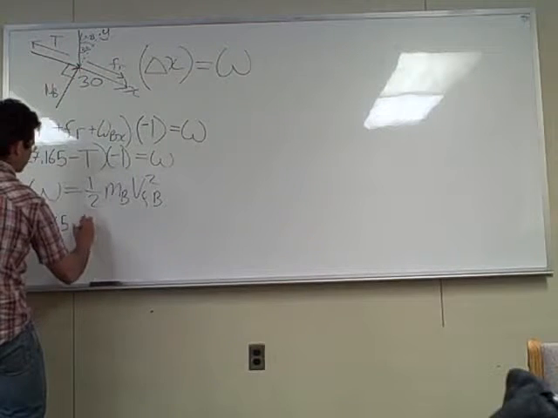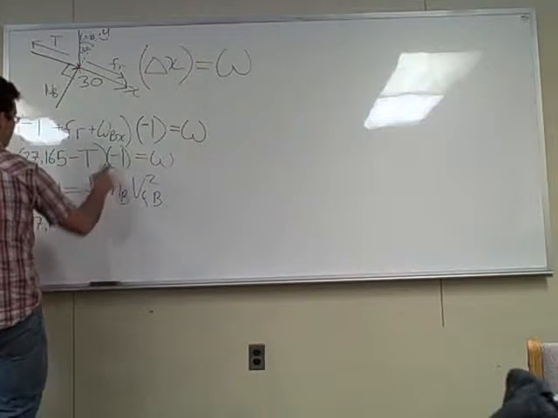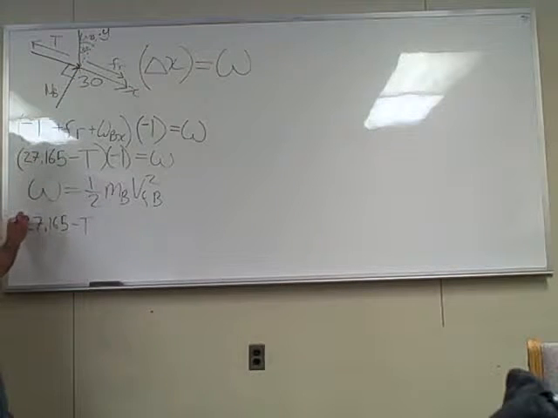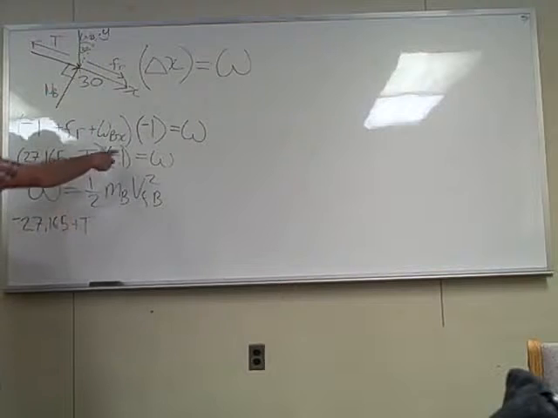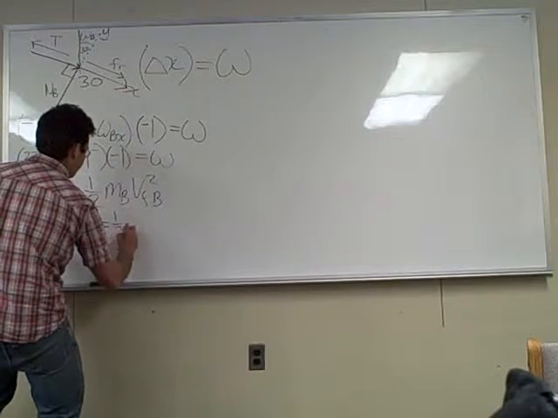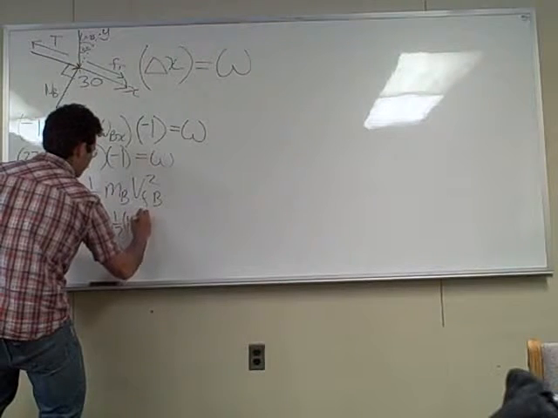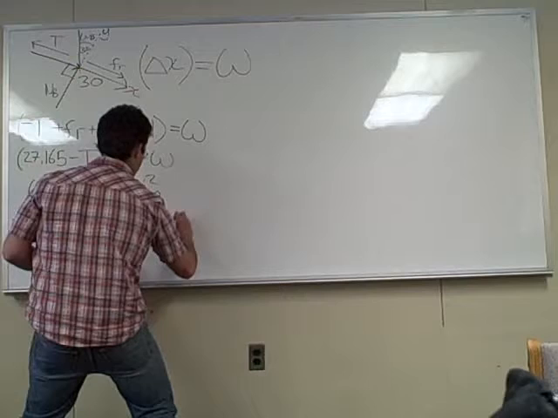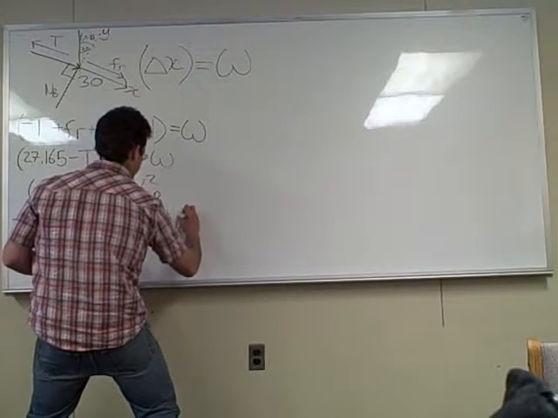27.165 minus tension. Again, I have to take note of this negative 1 and change my sign. It's negative 27.165 plus tension, and that's going to equal 1/2 times 1.55, which is my mass, times the final velocity squared.